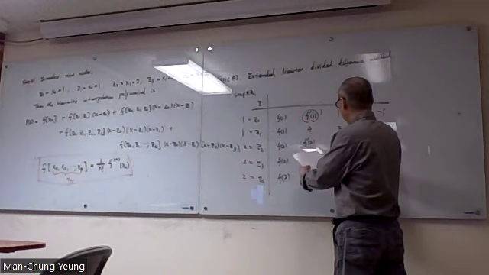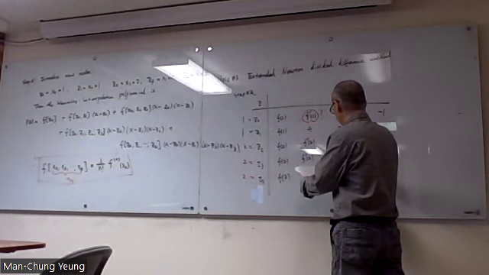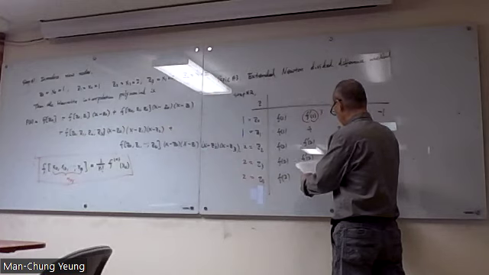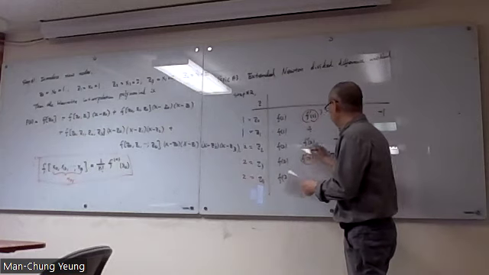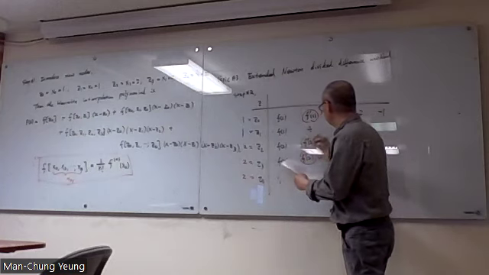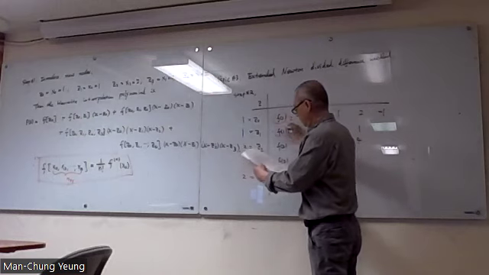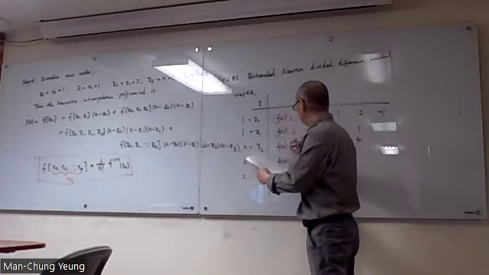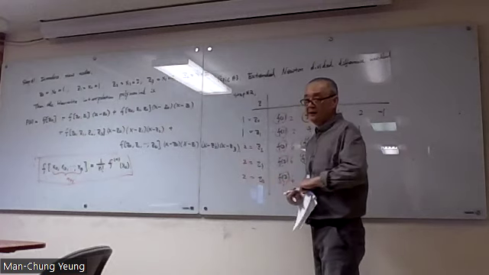And this is 7, 4. This number is 6. This is 6. And this is 2. 2, 6, 6, 6. Okay.